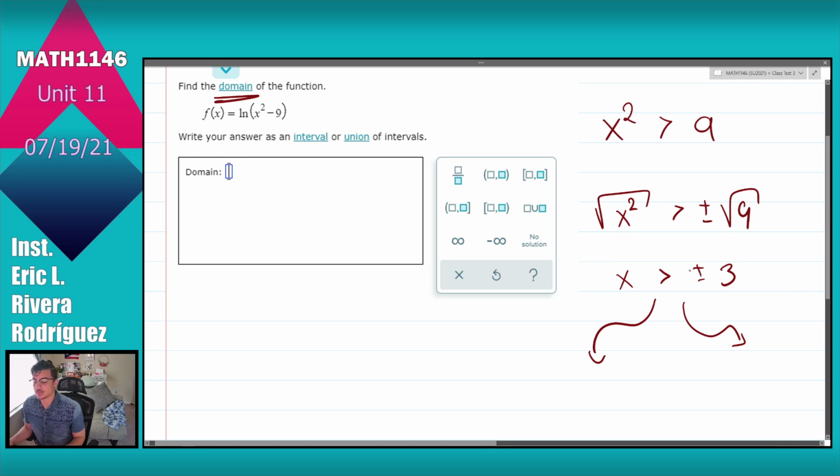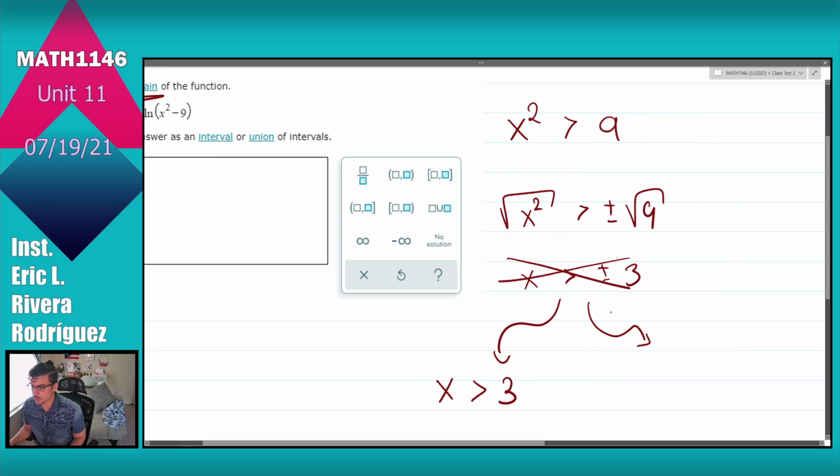So we need to break this into two cases. We take the positive case, so x needs to be greater than 3. That's okay, nothing happened there. But with the minus, like you said, Ari, now the inequality flips. And now this is going to be the solution.